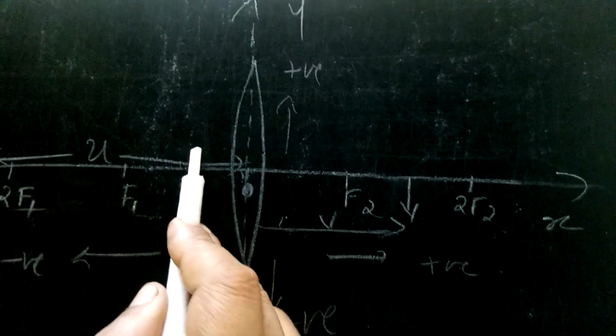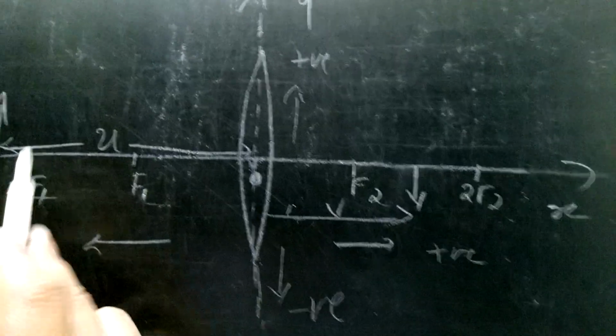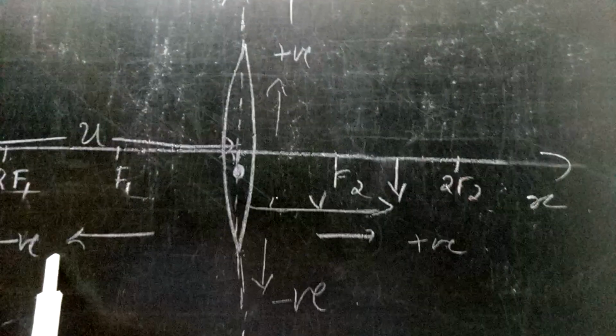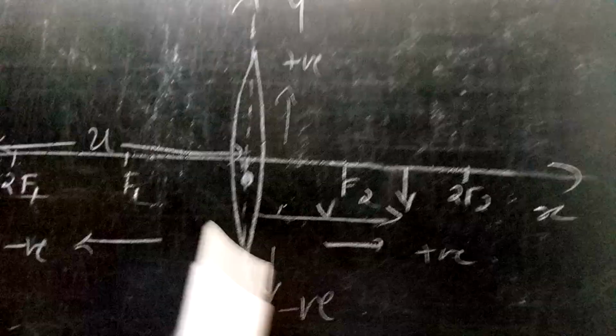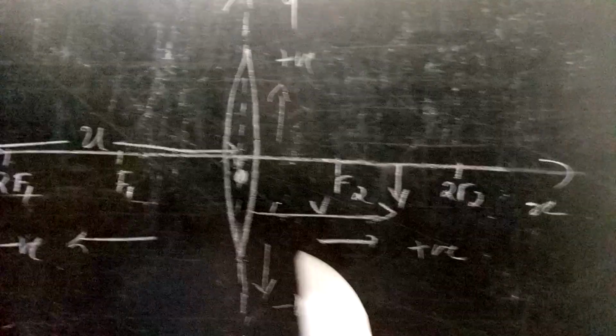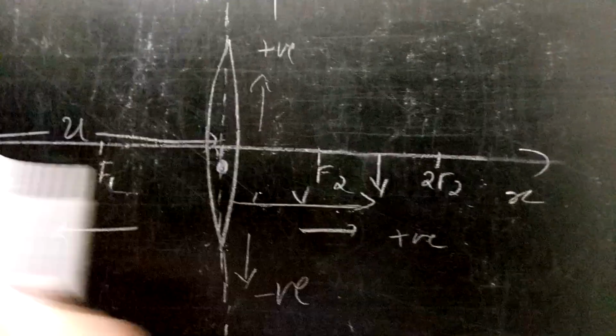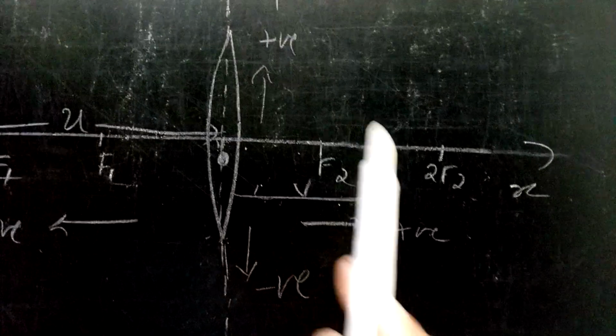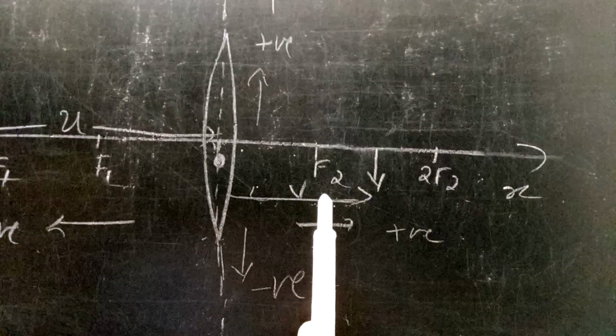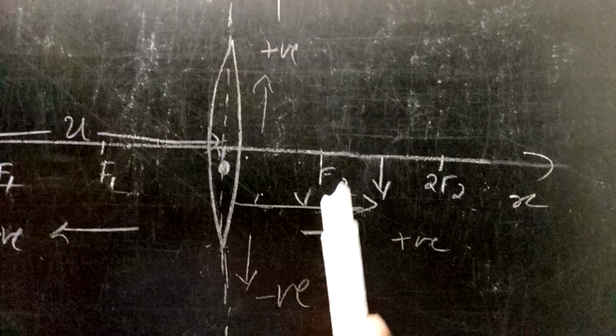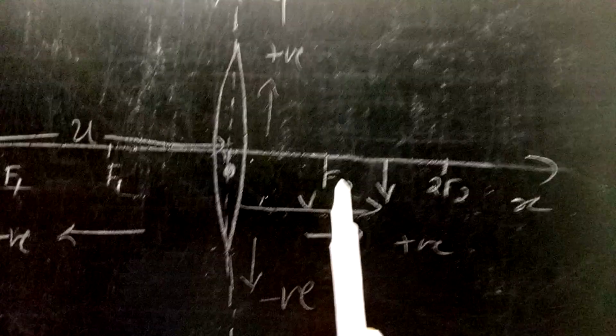But when the object is between F1 and O, the image will be formed on the same side, and in that case v is negative. And what about the focal length? Here the focal length is always positive, because light rays coming from left to right converge on the right. Is it clear? So the focal length of a convex lens is always positive.